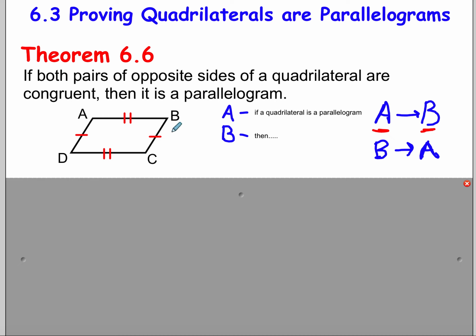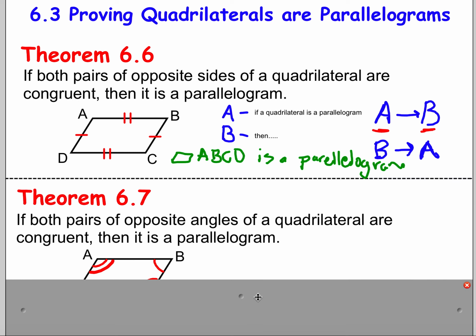So if I have a quadrilateral, and it doesn't explicitly say that it's a parallelogram, but I'm able to recognize that the opposite sides are congruent, like we can here because of the tick marks, then we can say for certain that quadrilateral ABCD is a parallelogram, because we can see clearly that the opposite sides are congruent.